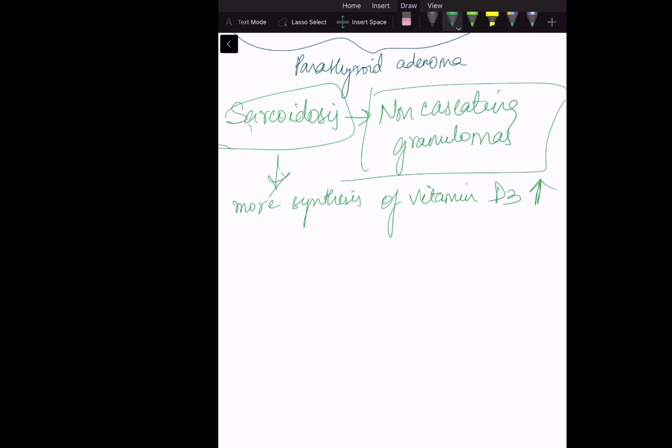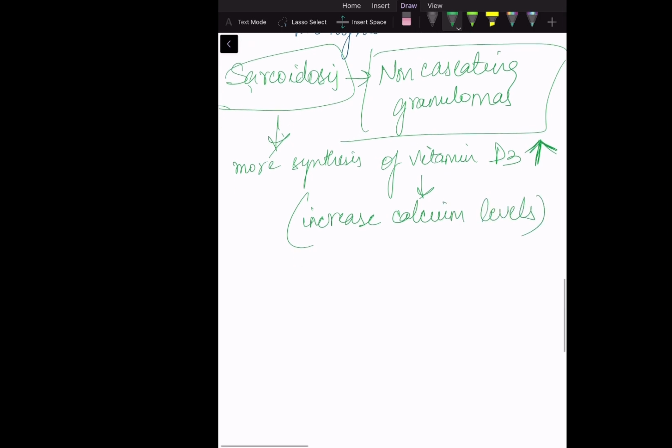There will be an increase of vitamin D3, which will obviously increase calcium levels. Basically, there will be vitamin D3 intoxication in this case. Vitamin D3 synthesis will be so increased that it will lead to high calcium levels.